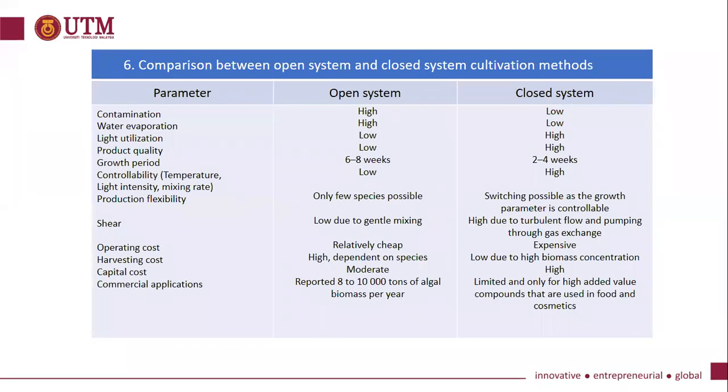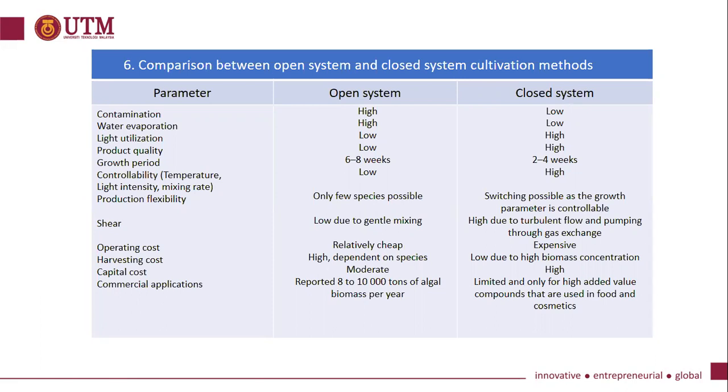So we have here some parameters that should be taken into consideration for design of both open and closed systems. For example, we have the light utilization, which is low in open and high in closed system. The controllability of temperature, light intensity, and mixing rate is low in open system, and high in closed system.